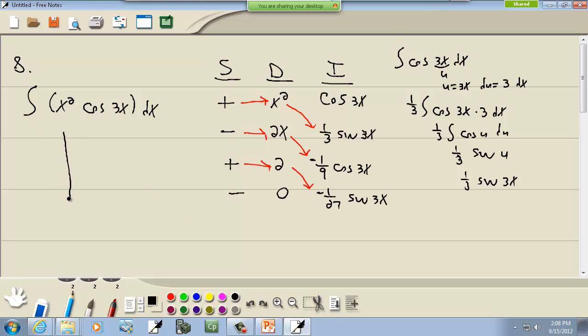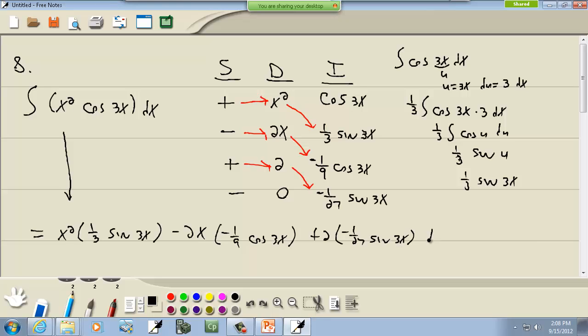So this right here becomes positive x squared times that. Then minus 2x times that. Plus 2 times this. And then my plus c at the end.